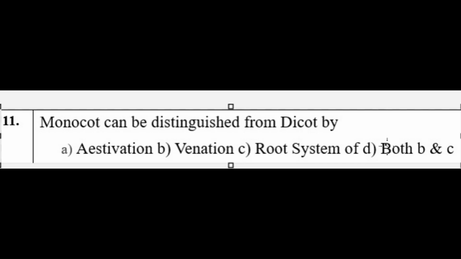If it's a dicot plant, they would have reticulate venation and taproot system. If they are monocot plants, then they would have parallel venation and fibrous root system. So there's nothing mentioned about aestivation. So the answer would be option D, both B and C.